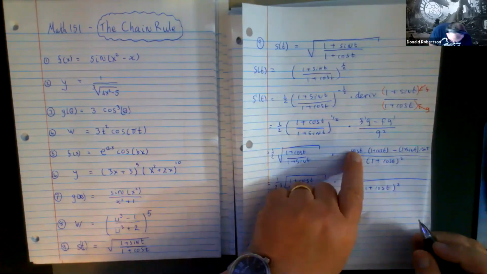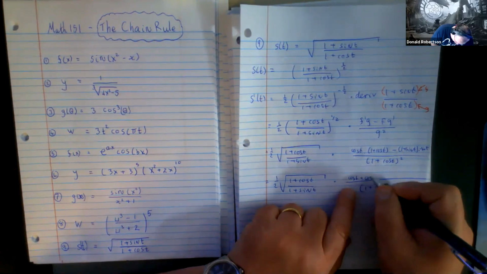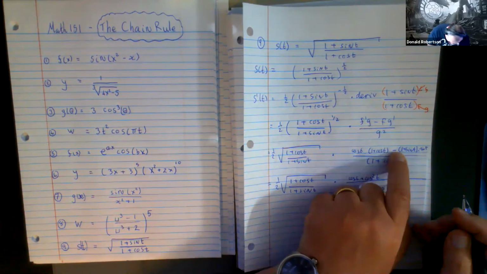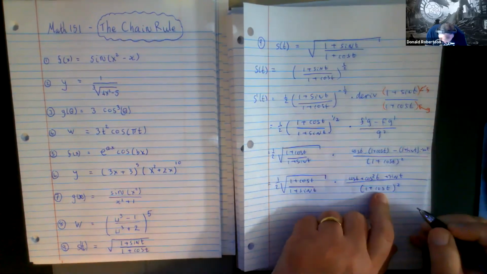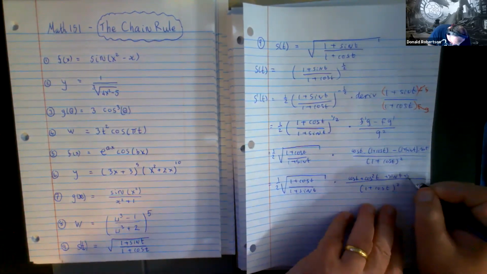Right, distribute. I get a cosine t plus a cos squared t. Negative sine t times -1 gets me a plus sine t. And that guy, then that guy gets me plus sine squared.